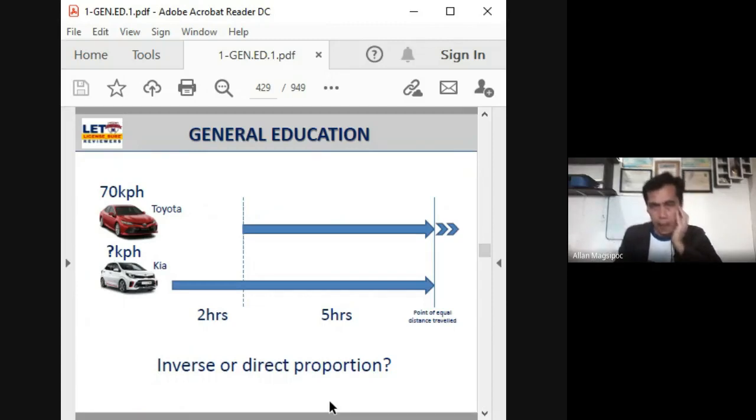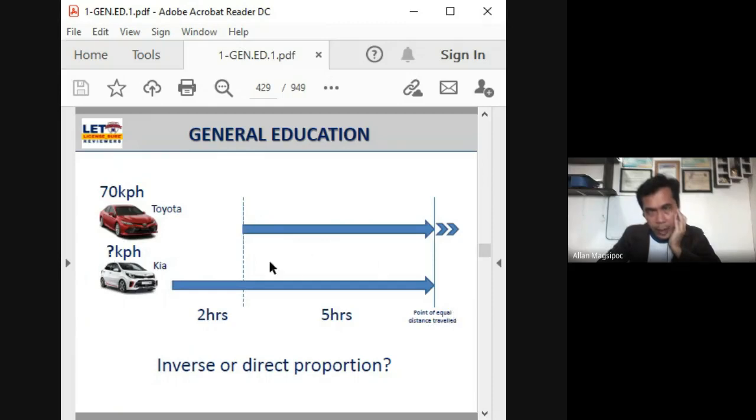Yung Kia car, with the unknown speed, left a certain place, the same place lang ng Toyota car, and after 2 hours the Toyota car followed. But after 5 hours ng pag-travel ng Toyota, not the Kia, na-overtake niya ang Kia.